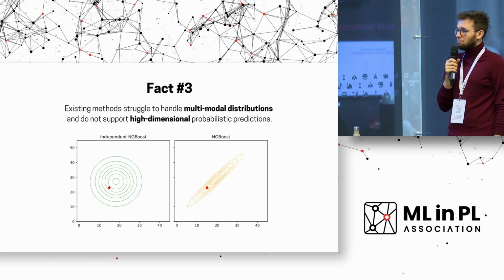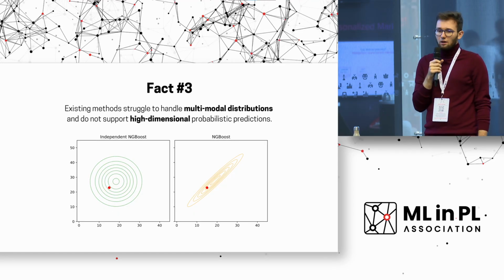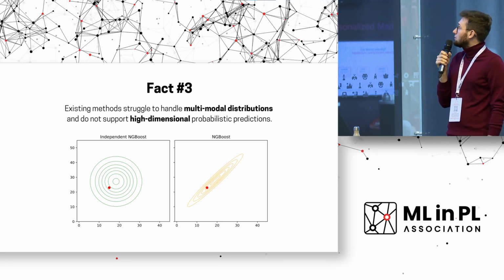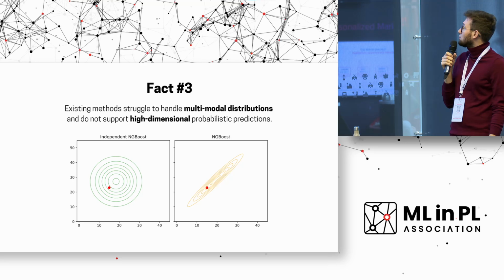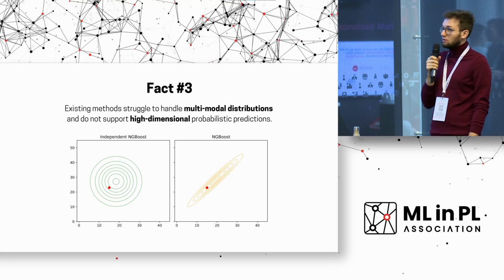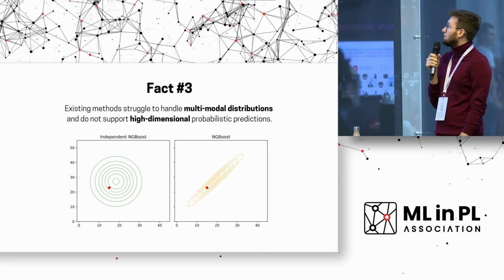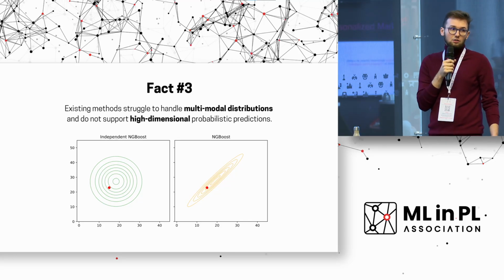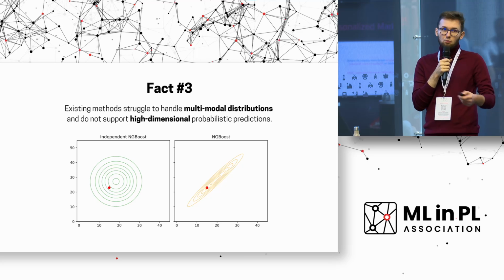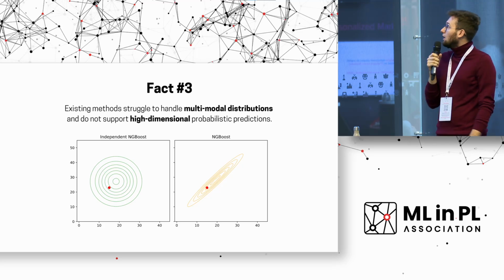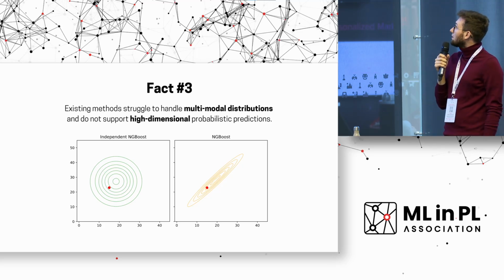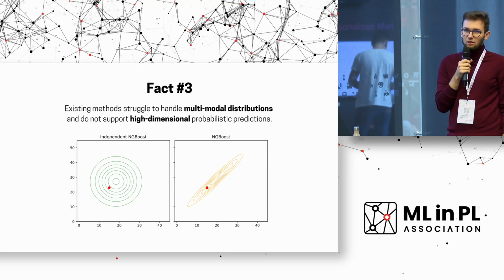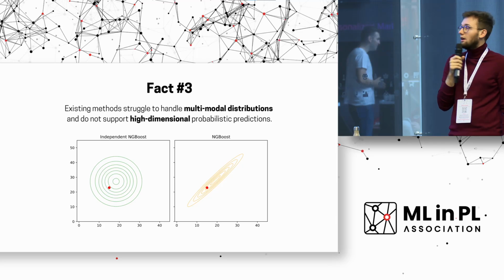However, these methods work quite well in the probabilistic setup. There are obviously some limitations. The first one is that these methods struggle to handle multimodal distributions. The second is that they do not support high-dimensional probabilistic predictions, so predictions where the target variables have more than one dimension. In fact, in terms of multimodal distributions, none of the methods can really support that.